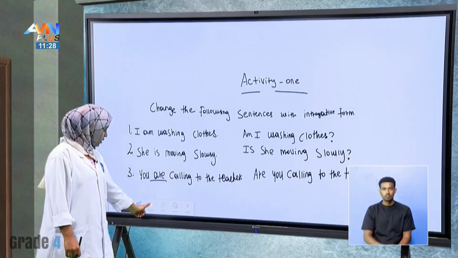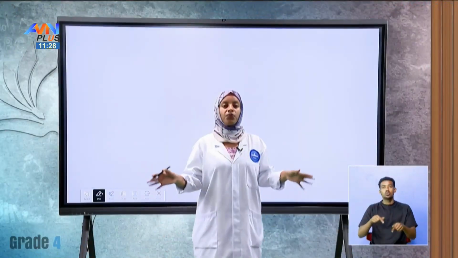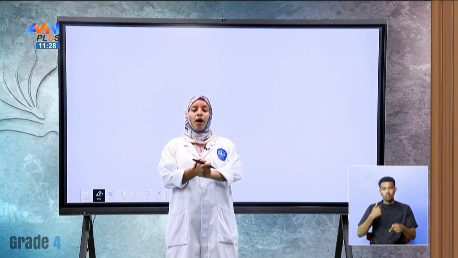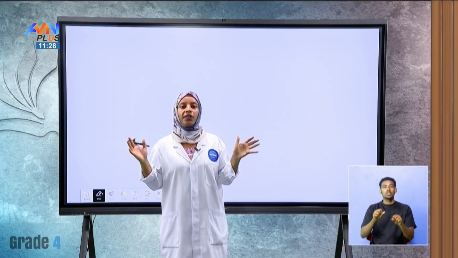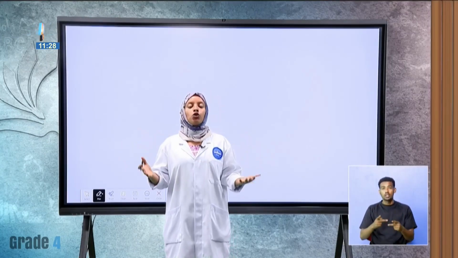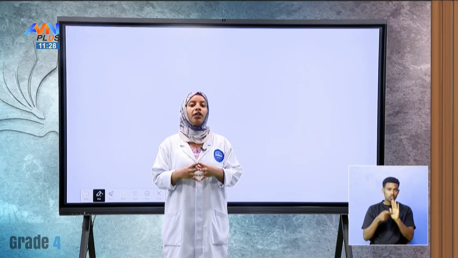Students, this is activity 1 and let us summarize today's lesson. Today, we were learning about present continuous tense. Present continuous tense is also called progressive tense that shows temporary action.